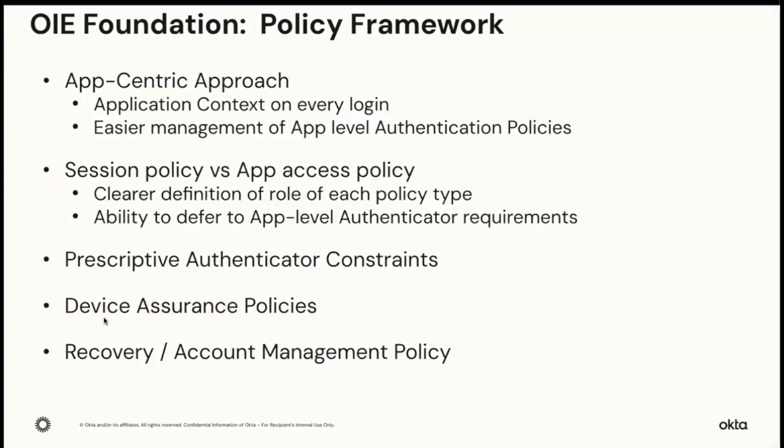It has to have this setting for lock screen. It has to have biometrics enabled, et cetera. Right? You can get very prescriptive about what the device requirements are, what the device posture requirements are, and then reference those criteria from your authentication policies to make your authentication policies much more robust.